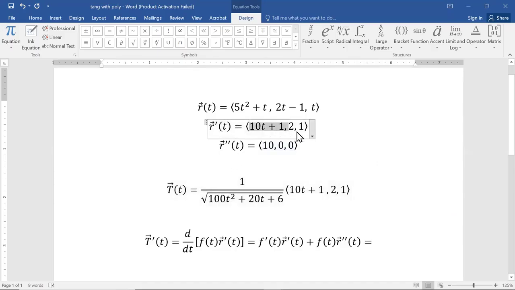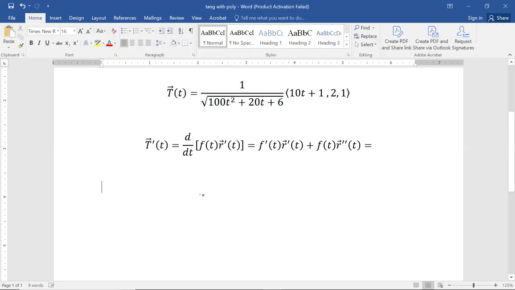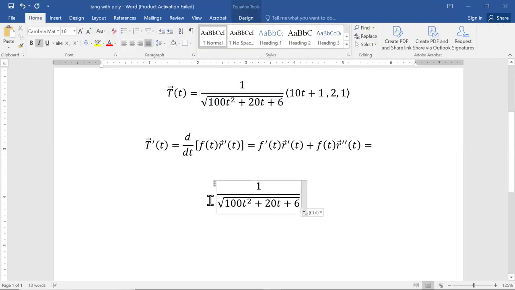This is not too bad either: 10t plus 1, comma 2, comma 1. My function f is this one. So that's my f of t.